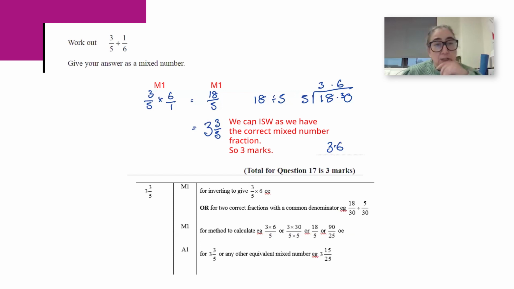That usually applies as well with ISW, the exact wording at the beginning, and we'll go back to it at the end about when it says something about not making it the specific criteria next to it. I don't know the exact wording and I don't want to quote it without knowing it. So in this case, full marks would be awarded, even though we asked for a mixed number, because we've seen it as a mixed number.